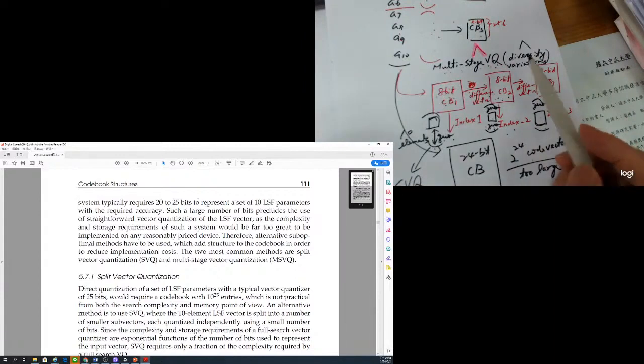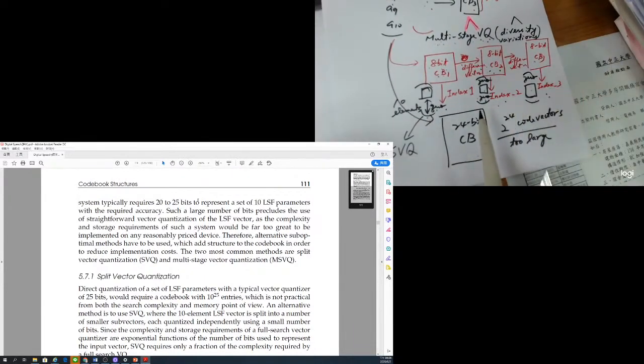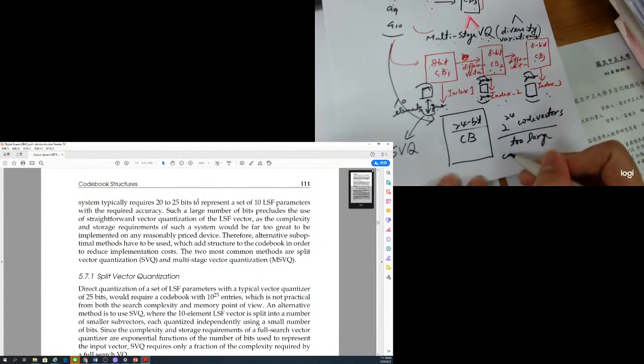The reason is that multiple stage vector quantization has many variations that cover split vector quantization. We are not using one codebook, because if we used a 24-bit codebook design, doing the codevector match would be impossible.